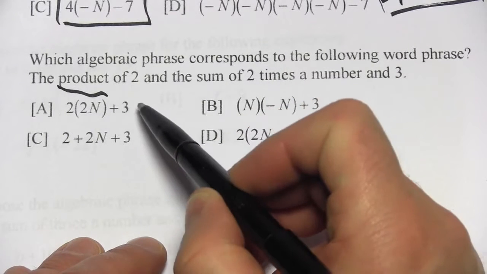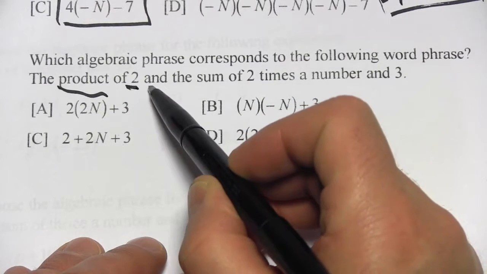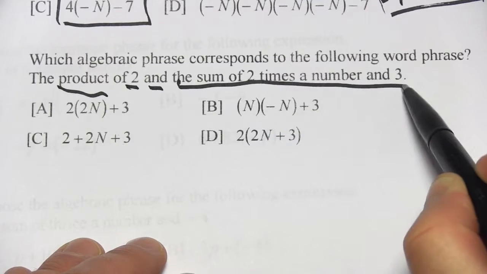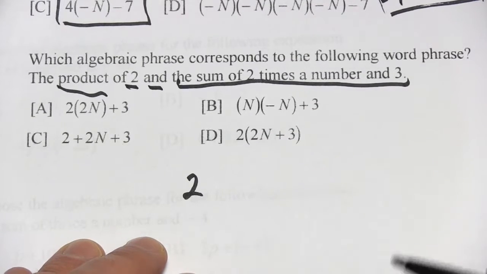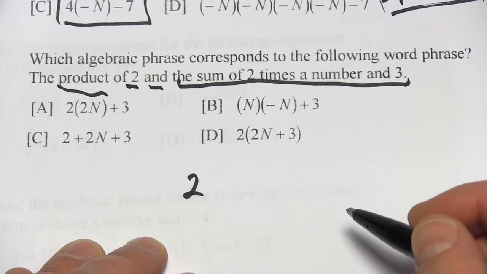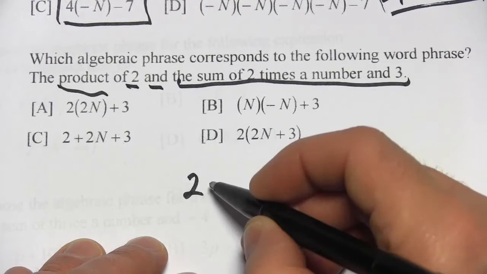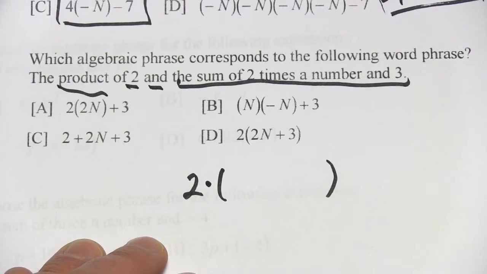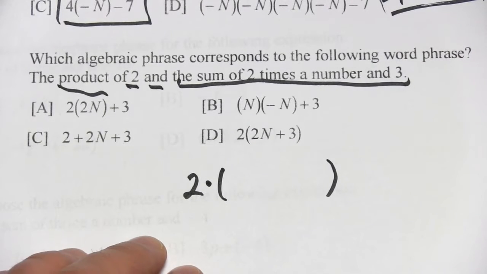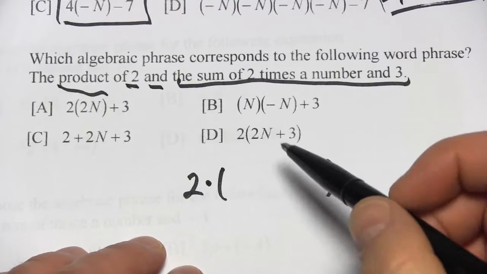And it says the product of 2 and this whole big chunk. So one part of our product is going to be 2, and then we're going to have some other thing, and probably, so let's do times, and since it's going to be a big other thing, I'm going to put some parentheses out here. Now let's see if we can sort out what's in this big other thing.